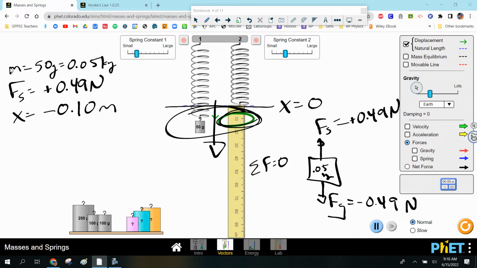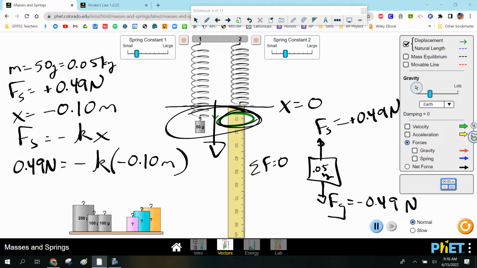So remember, Hooke's law says the force of the spring equals negative k times x. So let's plug in our numbers. The force of the spring is 0.49 newtons. That's equal to negative some value k that we don't know, times x, which is negative 0.10 meters. Two negatives here make a positive.